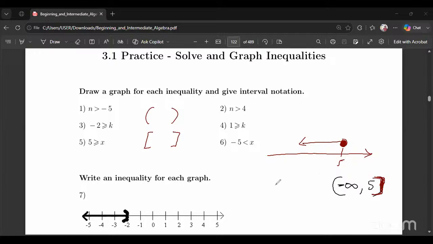But if we have 5 just like this, and it's going like this, it's going to be an open bracket because 5 is not included. Maybe we'll discuss this subsequently, but this is what we use to write a number. When it's part of the inequality, we use the closed bracket, and when it's not part of the inequality, we use the open bracket to express that interval notation.